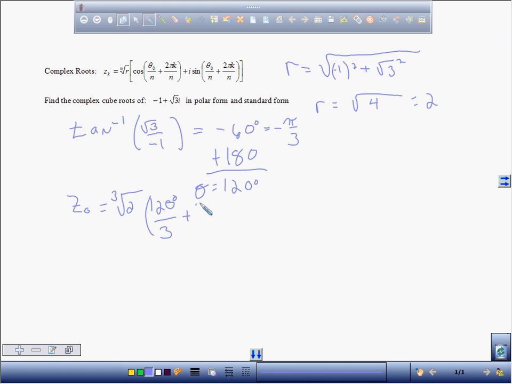k in the very first case is this number right here. So it's 2 times pi times 0, okay, over 3. Wait, Mr. Reader, where'd you get k? k is the number of the root that you're looking for. So even though this is the first, it's really the 0th root, okay?